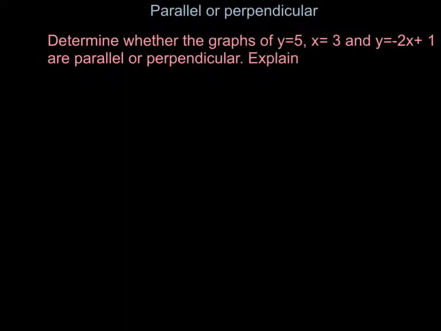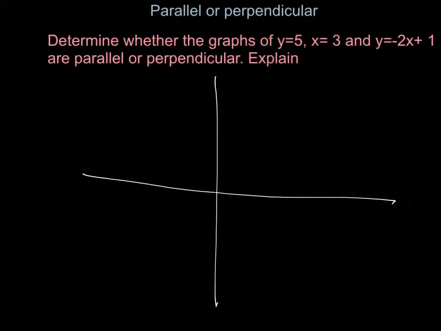Sometimes you are able to compare parallel and perpendicular graphs. So this says determine whether the graphs of y = 5, x = 3, and y = -2x + 1 are perpendicular or parallel. So you want to graph each one of these. Let's graph y = 5. If we were to graph that line, it would look something like this.